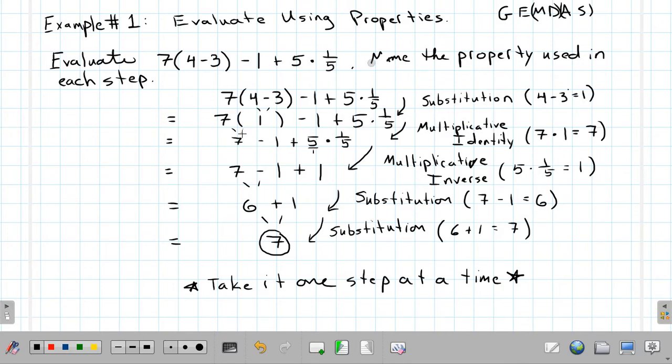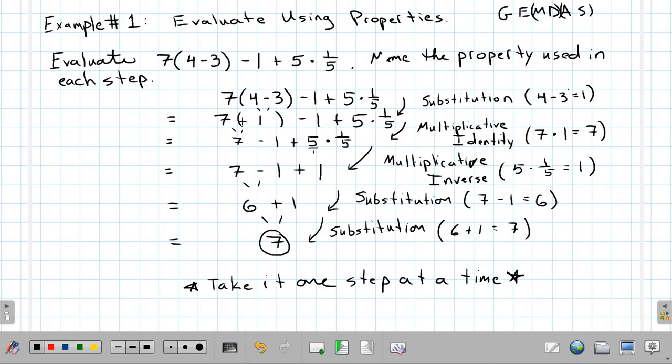But like I said, in some unique cases, like this 7 times 1 and this 5 times 1/5, there are other properties that you'll be using, such as multiplicative identity or multiplicative inverse. Okay. Now I will go ahead and tell you on the practice and homework, there's really no questions like this on your Google Form sheet. Okay. But it's still good to know how to do this.